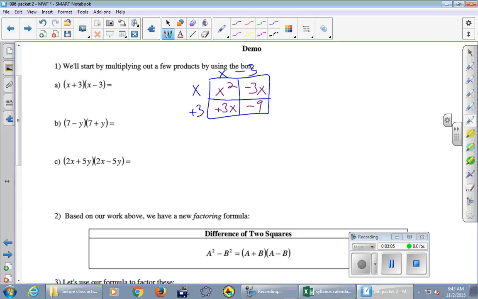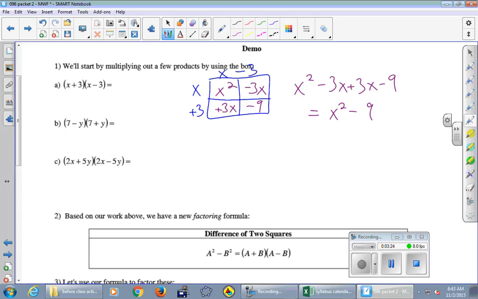Okay, and so if we write this out, x squared minus 3x plus 3x minus 9. And what happens to those two terms in the middle? Cancel. And so we're just left with x squared minus 9, okay? Equal to x squared minus 9.